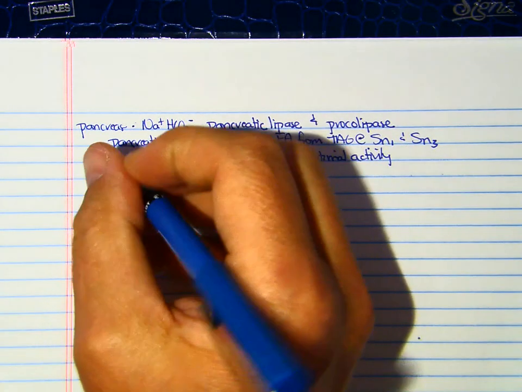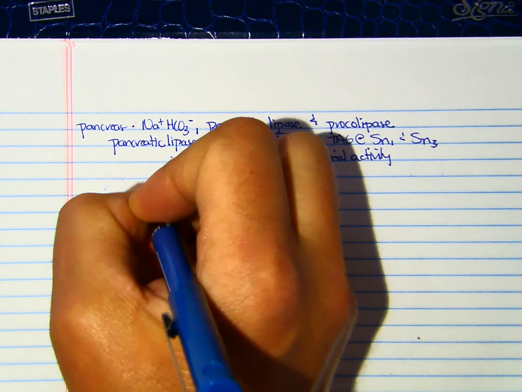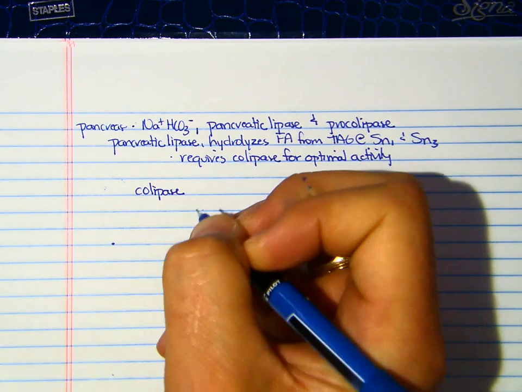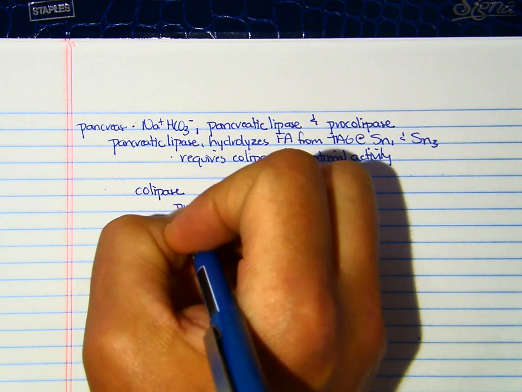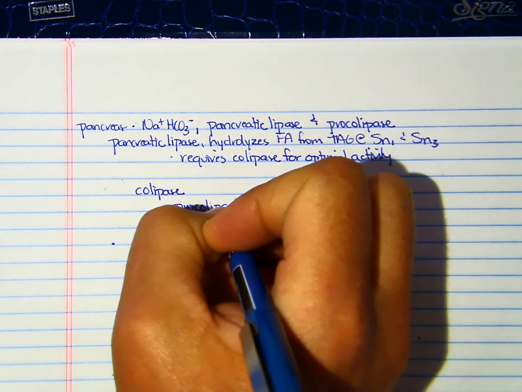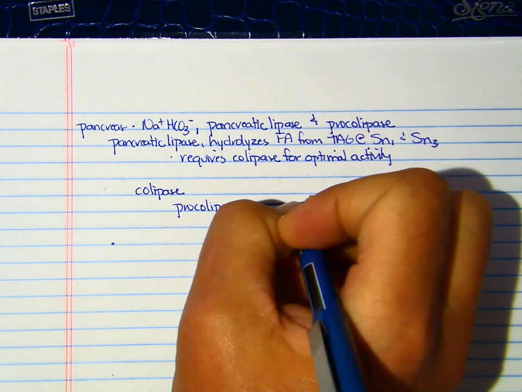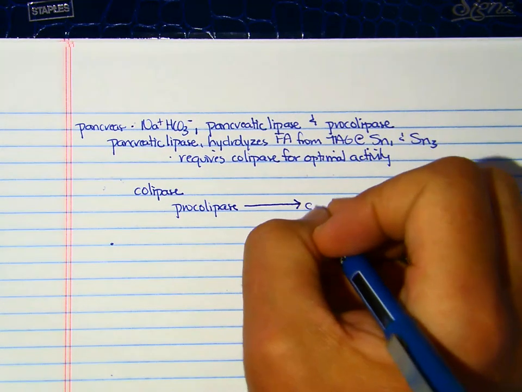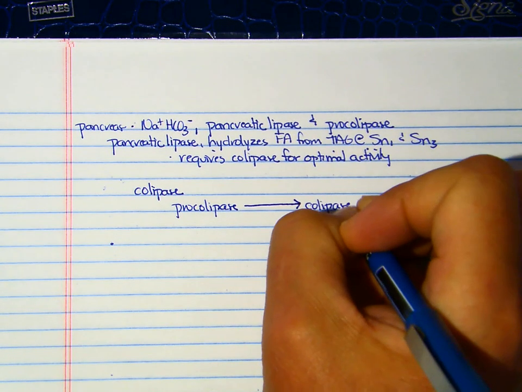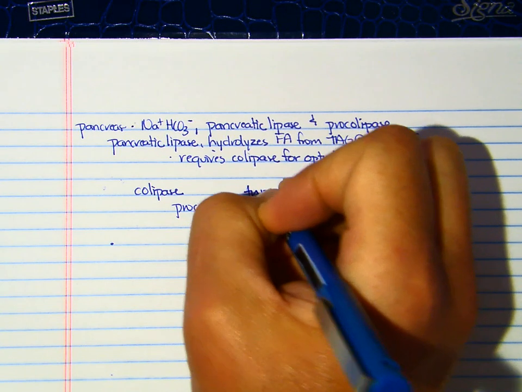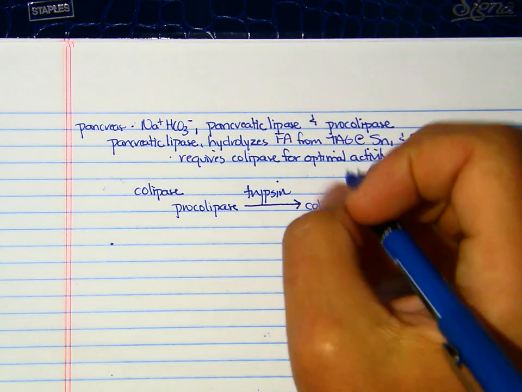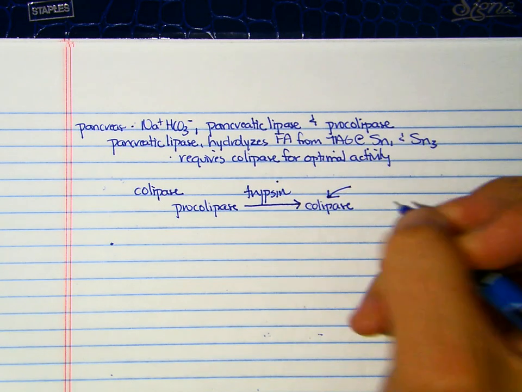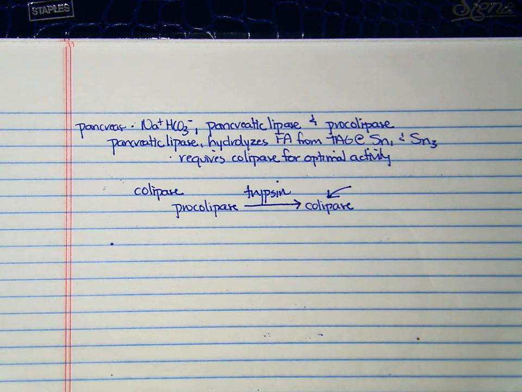Okay, so colipase, where does colipase come from? We get colipase from procolipase, and procolipase is activated to colipase by our good friend from exam 3, trypsin. And colipase is pancreatic lipase's wingman.